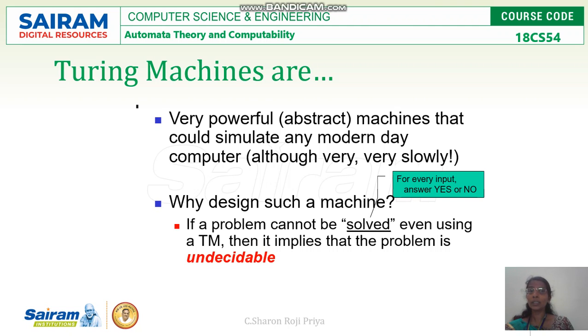So why do I say the Turing machine can simulate a modern day computer? If a problem can be solved using a Turing machine, then only it can be solved using the computer also. Such problems are computable. If I could solve using a Turing machine, then only I can solve using my general purpose computer also.